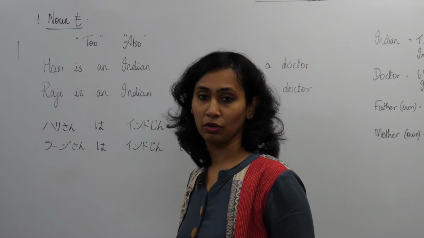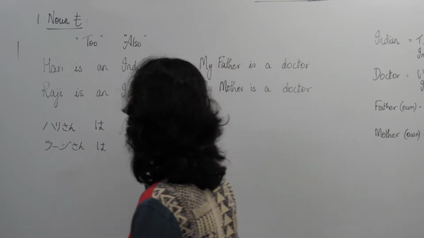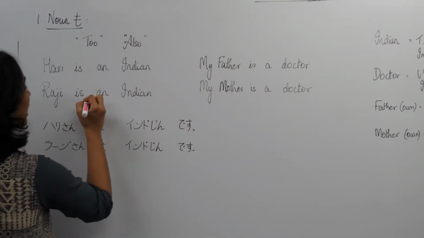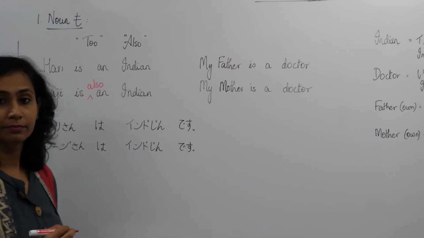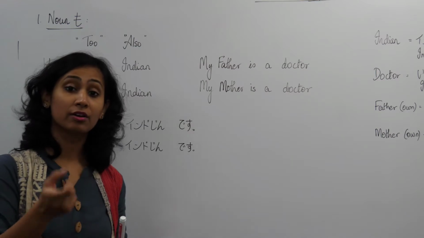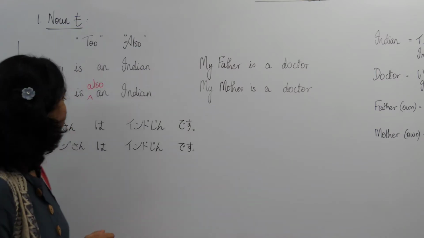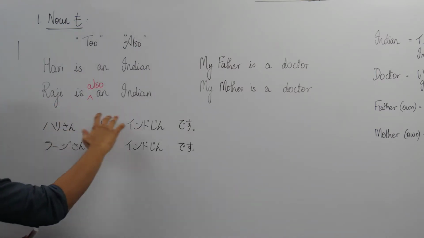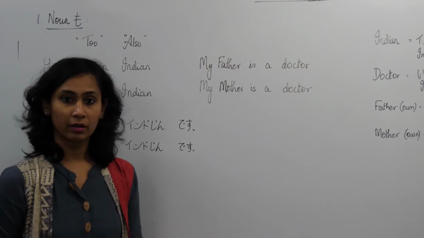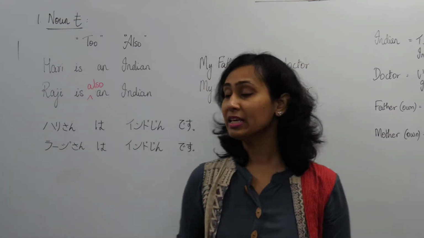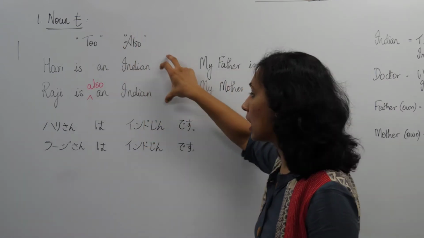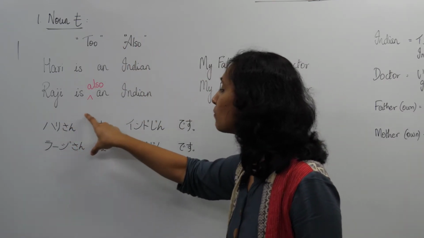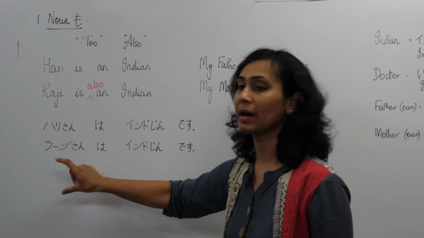In such a scenario, according to English grammar, you would say Raji is also an Indian. Hari is an Indian, Raji is also an Indian. This is how in English grammar we would speak. In the same way in Japanese also, if you were to speak in this scenario, there will be a small change which happens here.